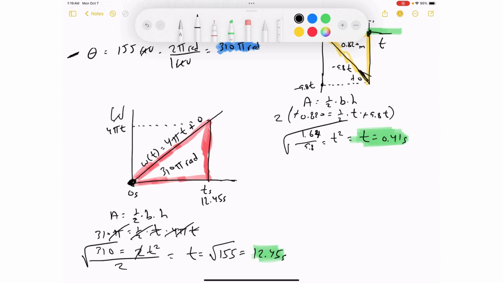But then how fast was it going? Well, you already have the formula. It's omega as a function of t, or velocity as a function of time. Remember, it's 4 pi t plus 0. Once again, I'm just showing you that the 0 is just a y-intercept, which we don't have. And all you have to do is pass in 12.45 into that function.